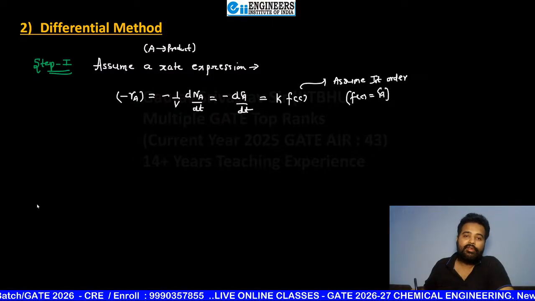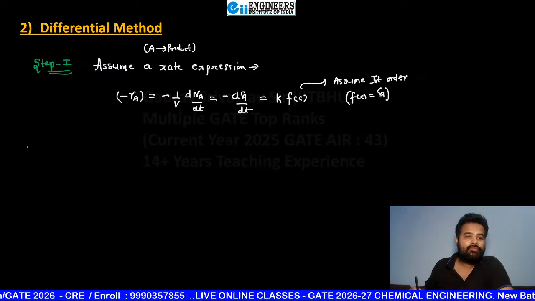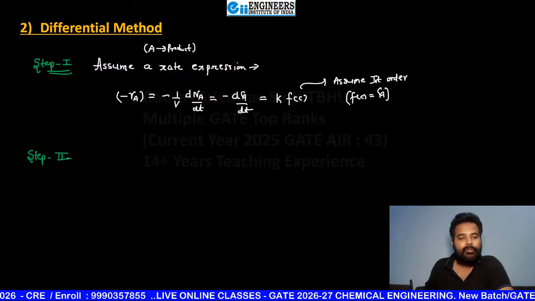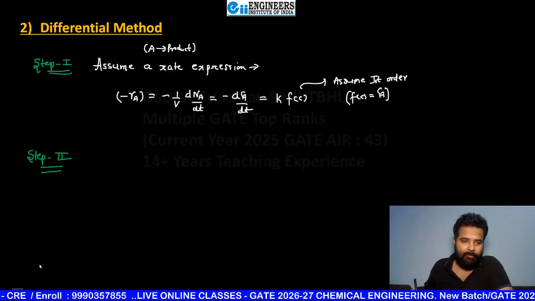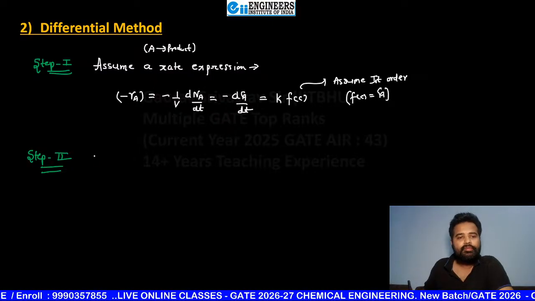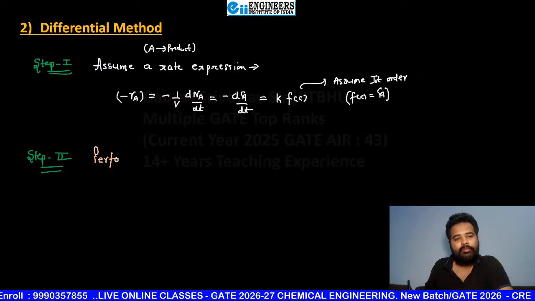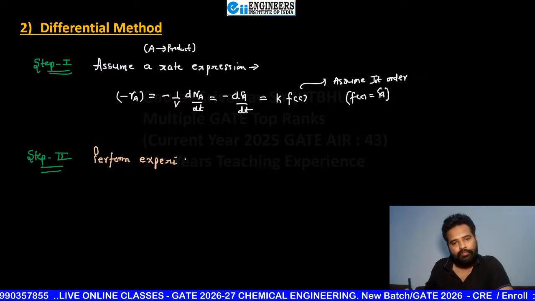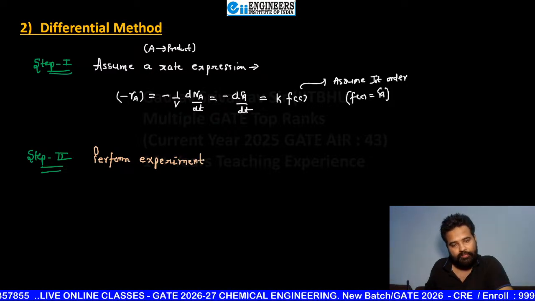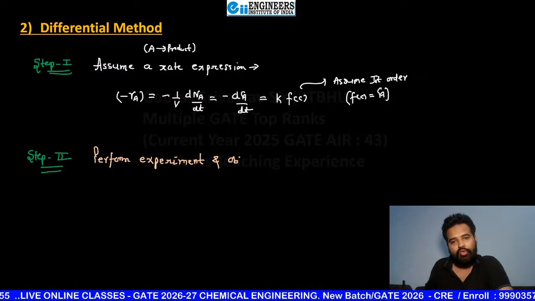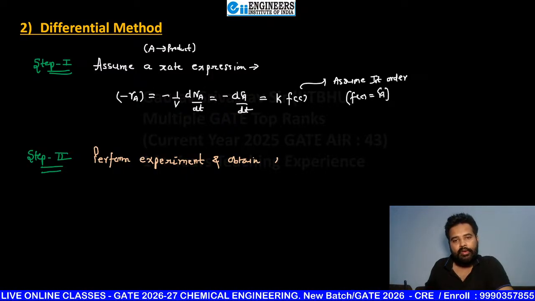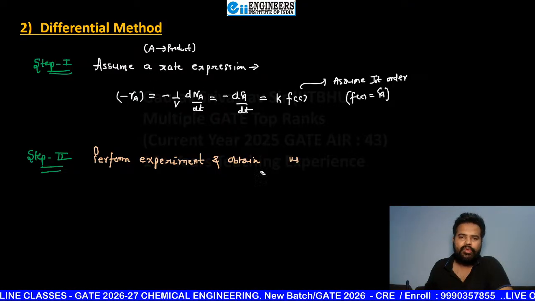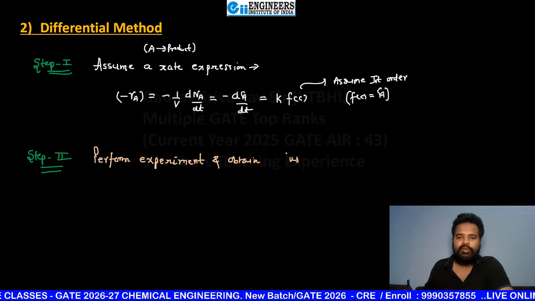So please write down step number 2: perform experiment, and obtain CA versus T data.